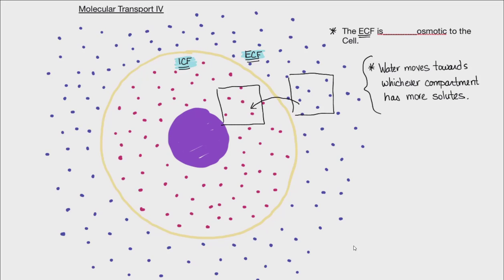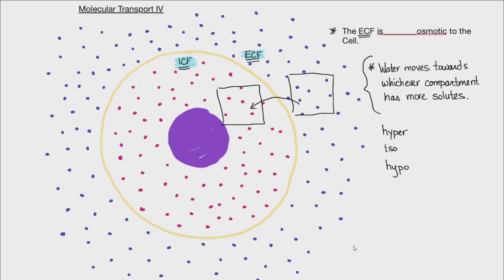Does my extracellular fluid have a greater concentration of stuff? Again, it does not matter what the stuff is. Does it have the same concentration of stuff, or does it have a lower concentration of stuff? And so we denote those comparisons by using these prefixes: hyper, iso, and hypo.